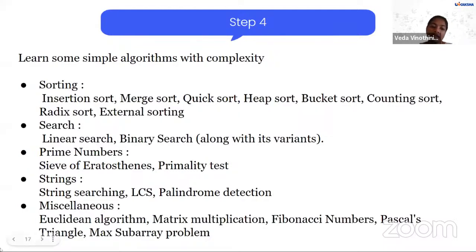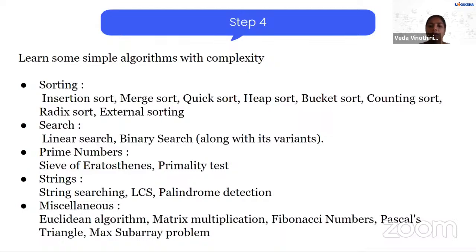Some sorting. Even though inside your arrays concept or linked list you are going to have sorting, while implementing sorting along with insertion sort, merge sort, quick sort, or heap sort, you will get a much more efficient output.